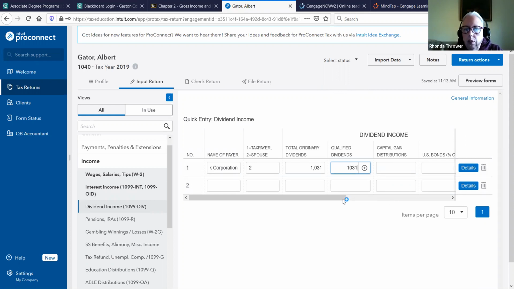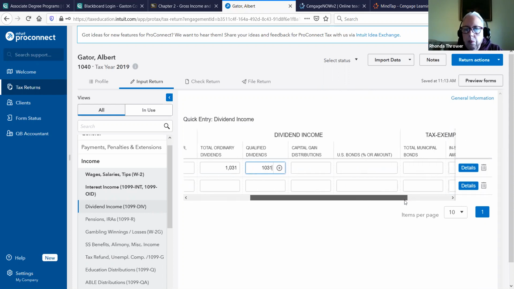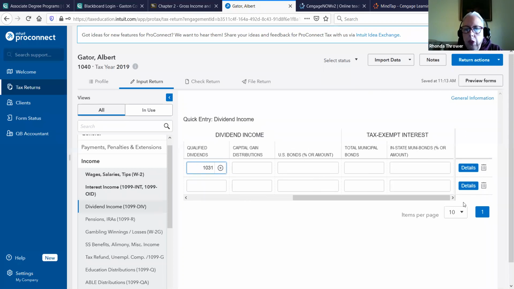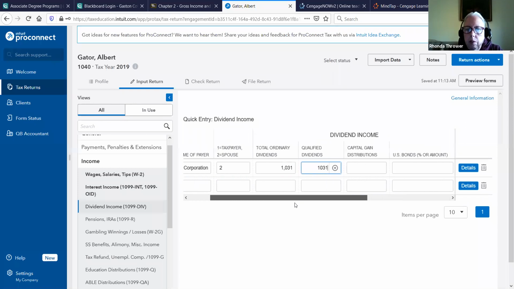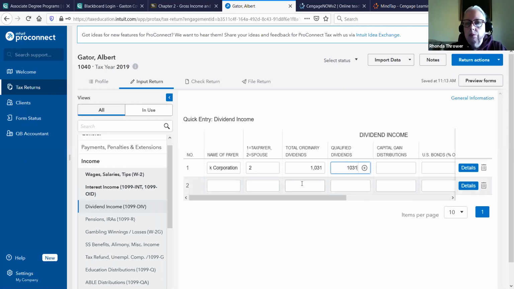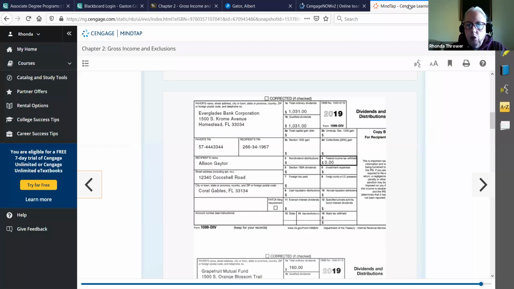This was dividends that were nothing to do with bonds. They were just qualified dividends and ordinary dividends. So if you look at the instructions here, this is ordinary, this is qualified. You've got to put in the name of the company that paid you the dividends and who received it. This time it was Allison, the wife.